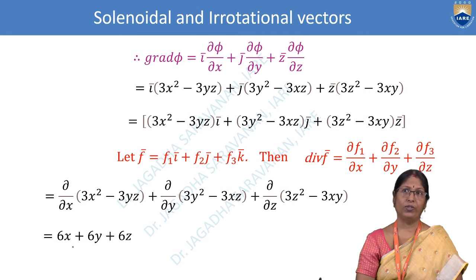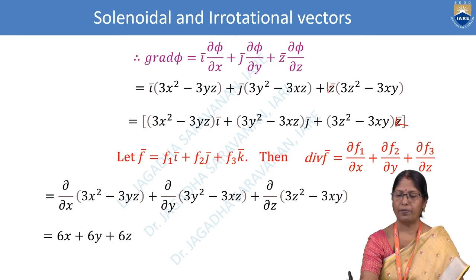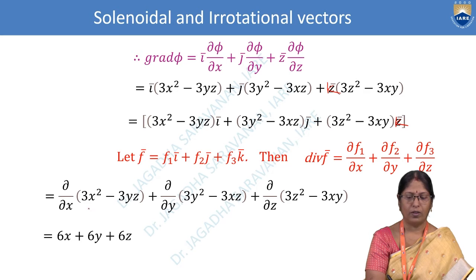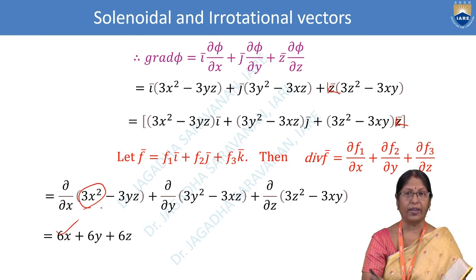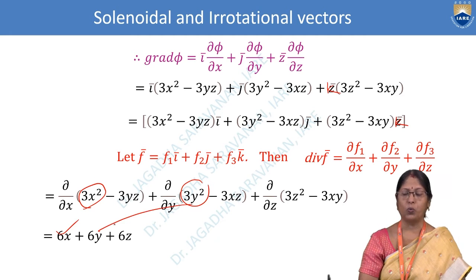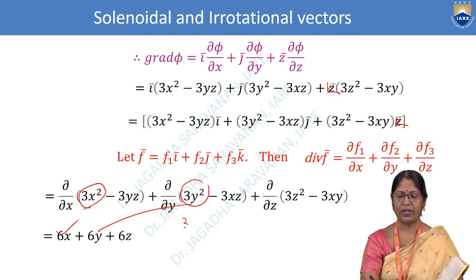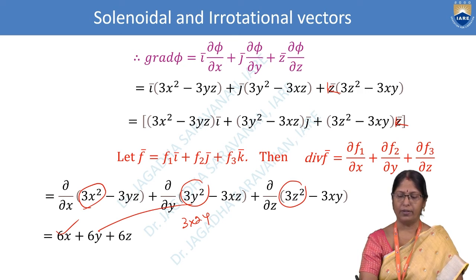So we will differentiate with respect to f. 3x squared gives 6x. Here 3y squared gives 6y, that is, y squared differentiation is 2y, put together 6y. And here 6z.